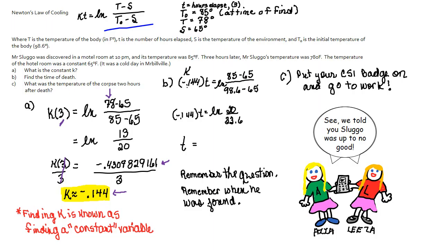So using your handy dandy little calculator, we do the ln of 20 divided by 33.6, and you just hit enter, which gives you a negative number. We have to divide by the negative 0.144 to get the t by itself. And we get approximately 3.6 hours here.